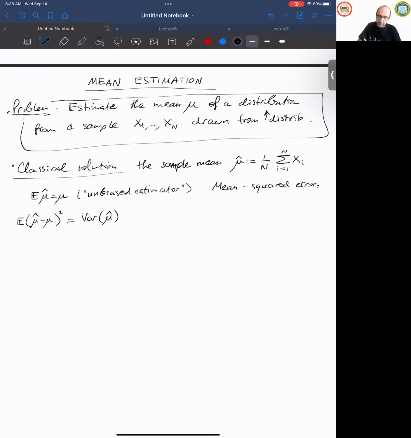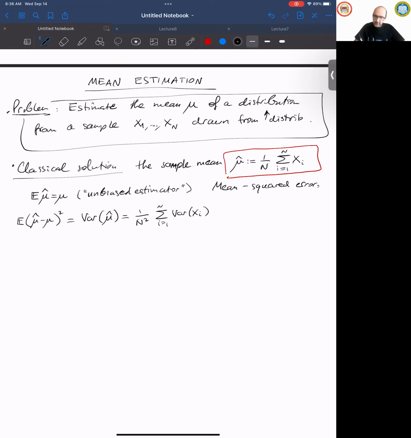And we know how to compute the variance of that thing. The variance of the sum is the sum of the variances, and we divide by n squared. That's because there is a square in the variance, so it's homogeneous with a power of 2.